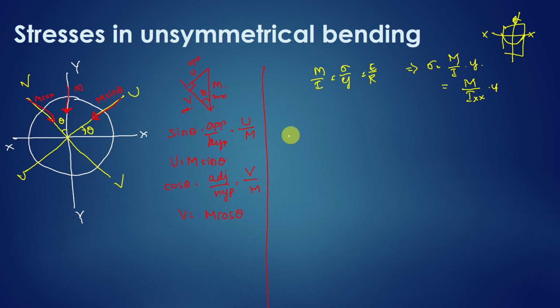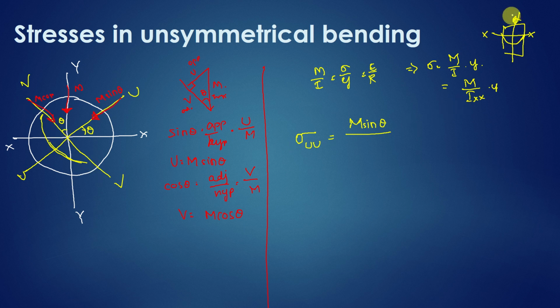That's it. So now let me consider the bending stresses due to the moment in the plane uu. So in the plane uu, what is the moment here? In the place of M, I will write M sine theta, so M sine theta by I. What do we have to consider? Along this plane it is bending, bending up to some distance from the axis vv.